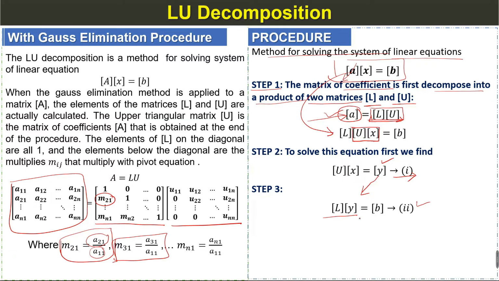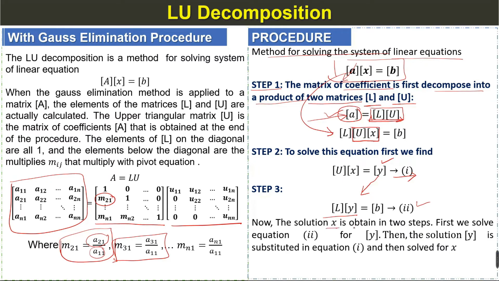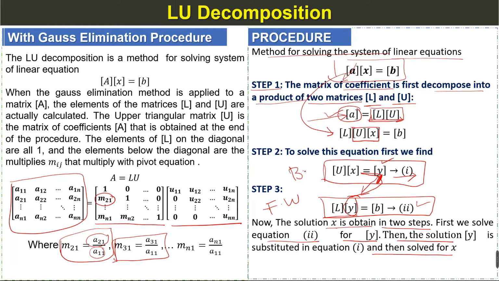So the solution of x is obtained in two steps. First, we solve equation 2 with forward substitution for y. Then the solution of y that we have obtained, we substitute in equation 1, and then we solve for x.